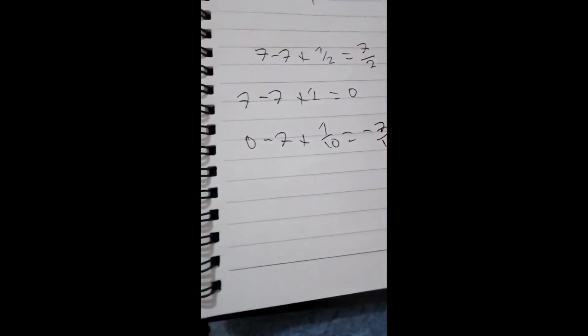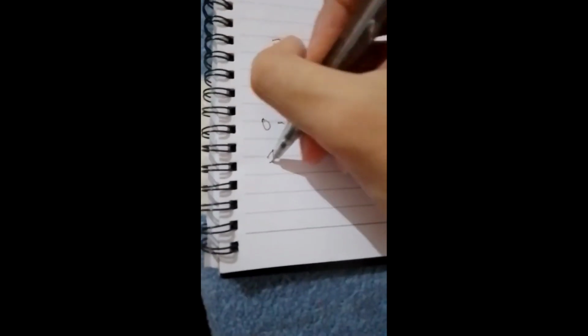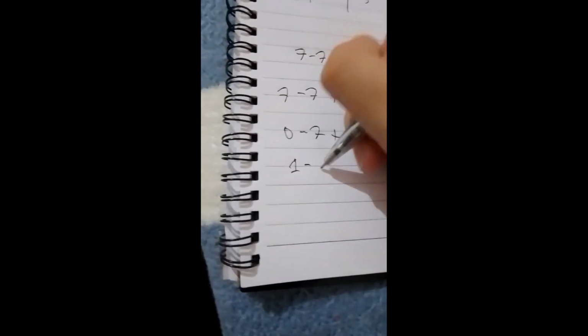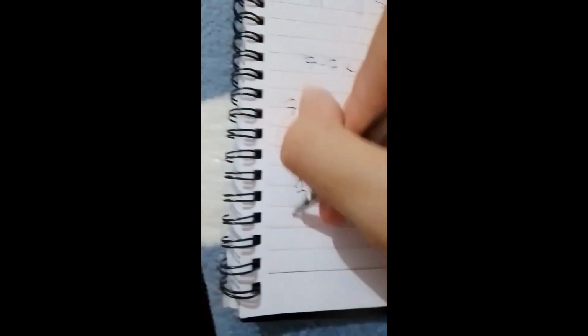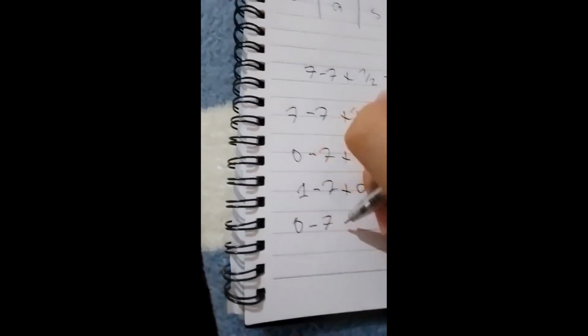Next naman is 1 minus 7 times 0 is equal to 1. And sagot dito is 1. The next one is 0 minus 7 times 0 is equal to 0.